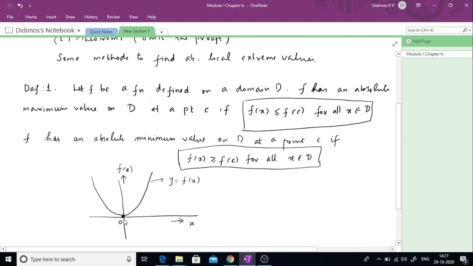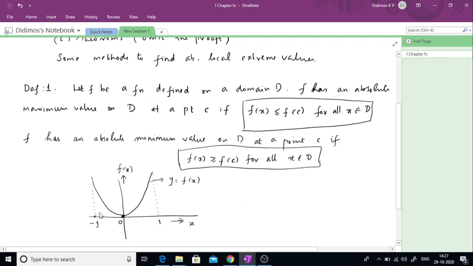So if you consider the point 0, say this is our D, and I take this is -1 and this is 1.